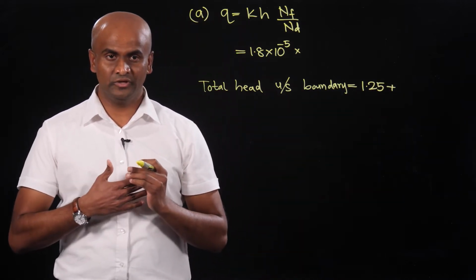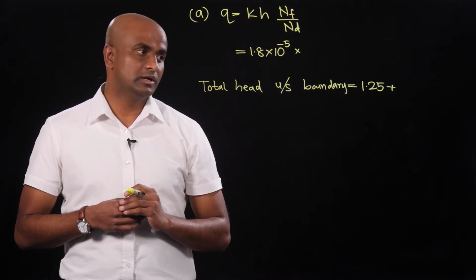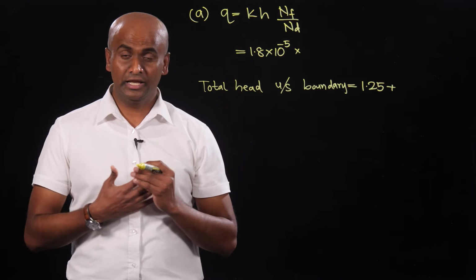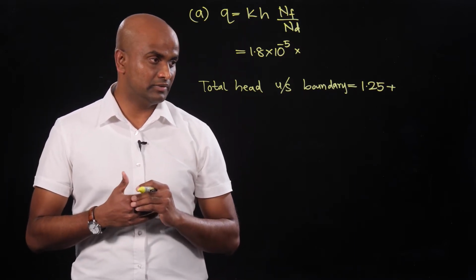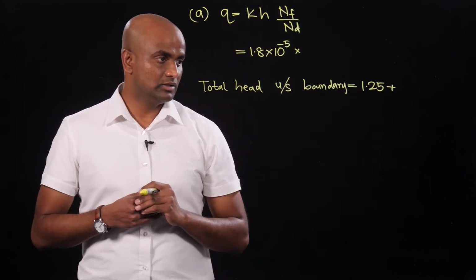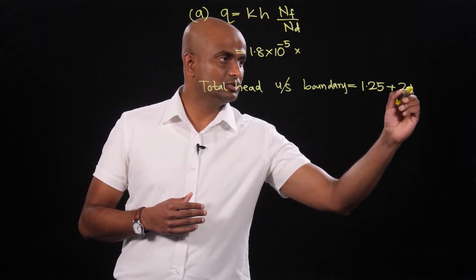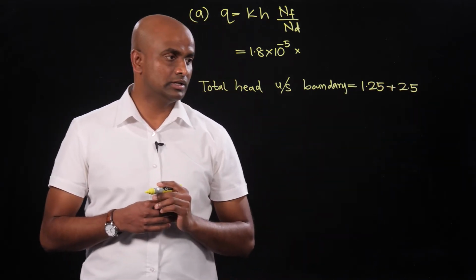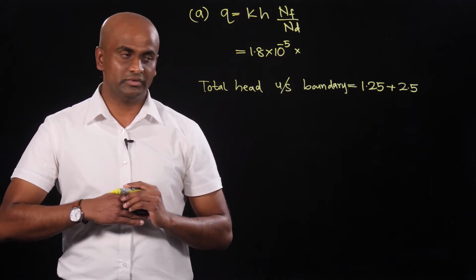Elevation head we measure from a reference level, which we call the datum. The datum can be considered at any horizontal level. If you consider the datum level as the level at the excavation base, you have a 2.5 meter elevation head at the upstream boundary. So I took the datum as the excavation bottom, the excavation base.